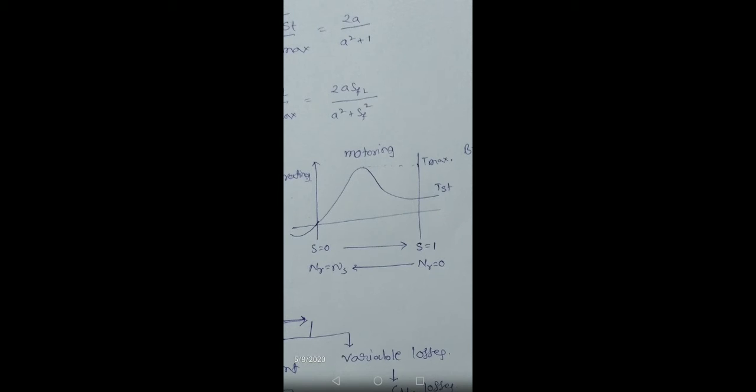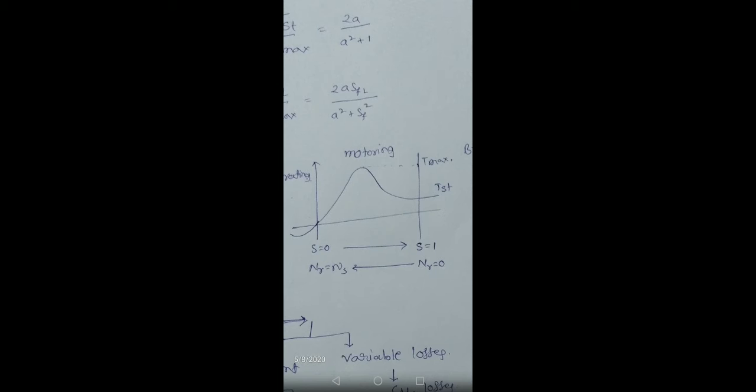And at lower values of slip, torque slip characteristics are linear. So when T is proportional to S, there is a stable region. When torque slip characteristics are linear, then the machine is operating at stable condition.